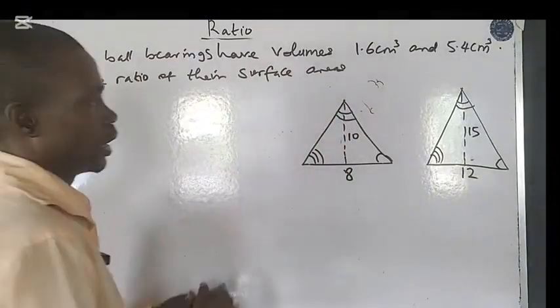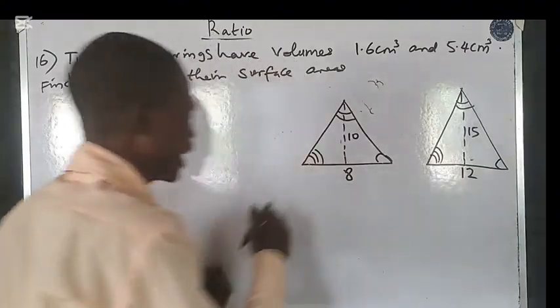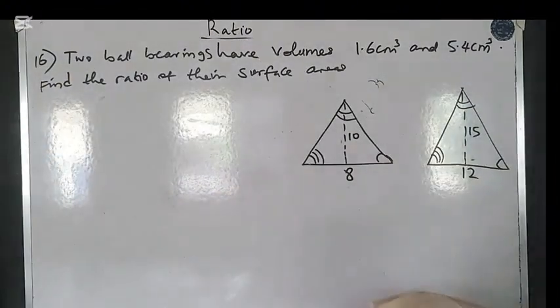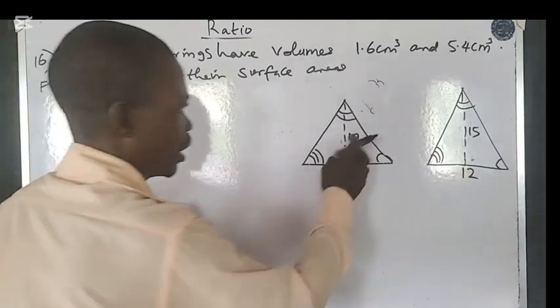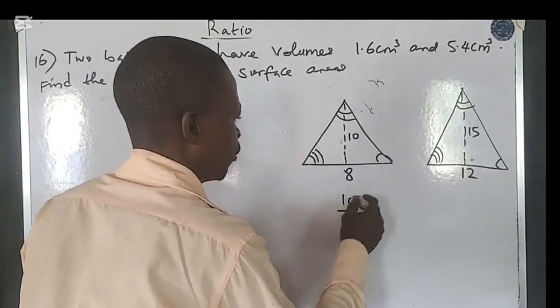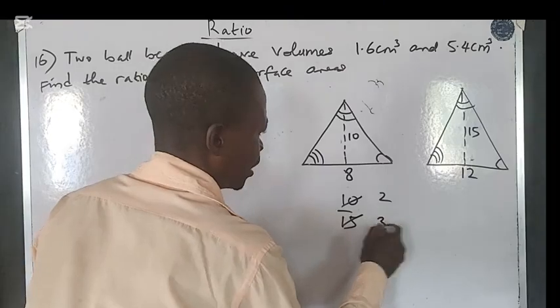Now let's say these two shapes are similar. How do we know if they are similar? We find the ratio of their corresponding sides. This is 10 over 15, which is 2 over 3, and 8 over 12 is also 2 over 3.